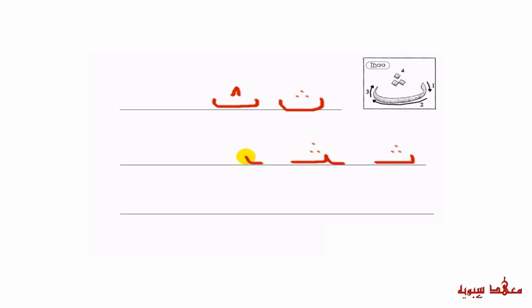And it's similar. It just finishes. So you get the 3 dots there. Sorry, that's not that good. I'll just make it a bit better. And writing the 3 Thas together as if they were one word is as follows.